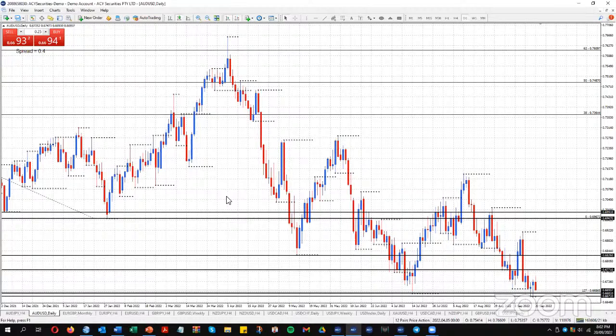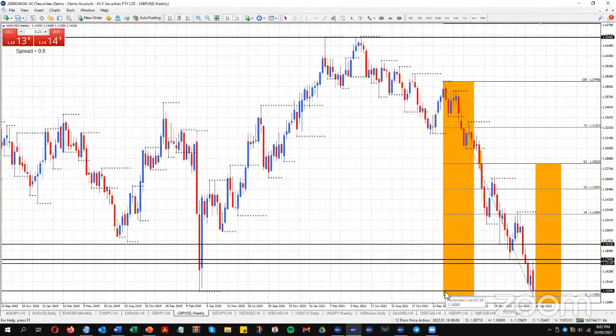It respects major support and resistance. I'm not saying that we're going to get a major change in trend. We could move through on the pound through that monthly level down here for sure. The market can do anything it wants, but I've shown, when we came up to major resistance, we held. Are we going to hold at major support down here? It wouldn't surprise me one bit to see that major support hold, because that's what the market does.